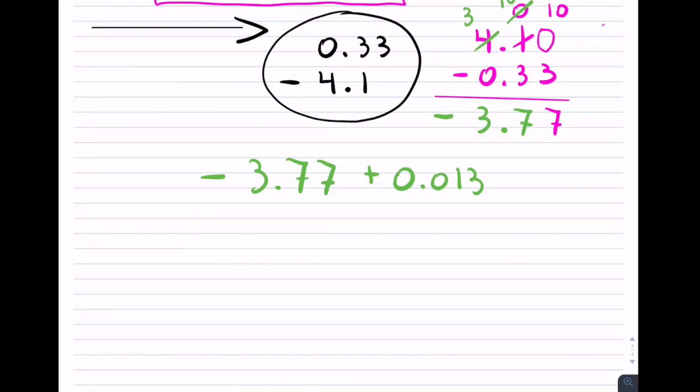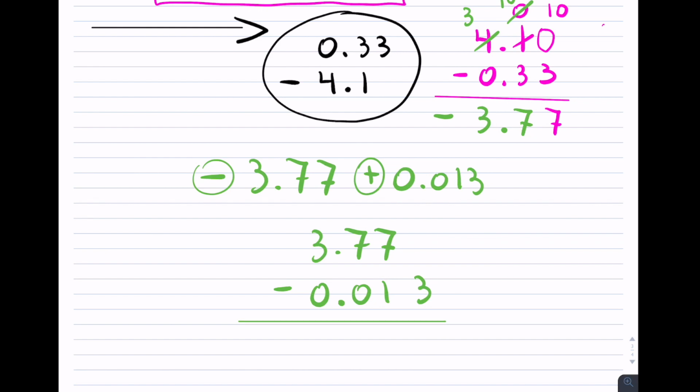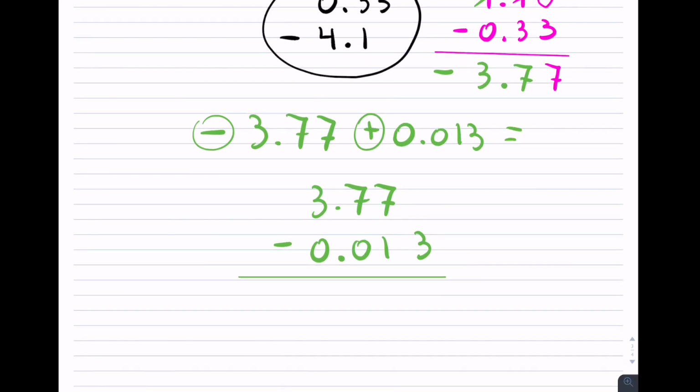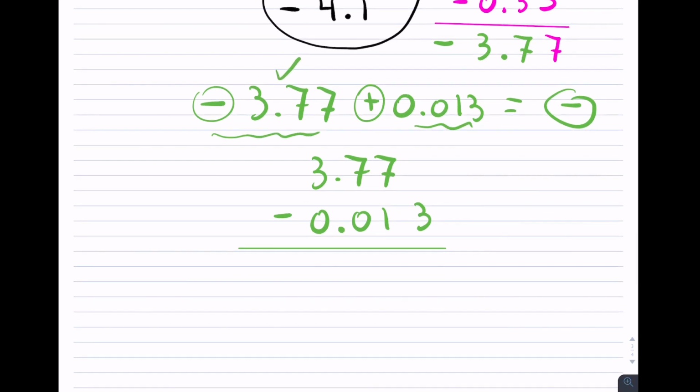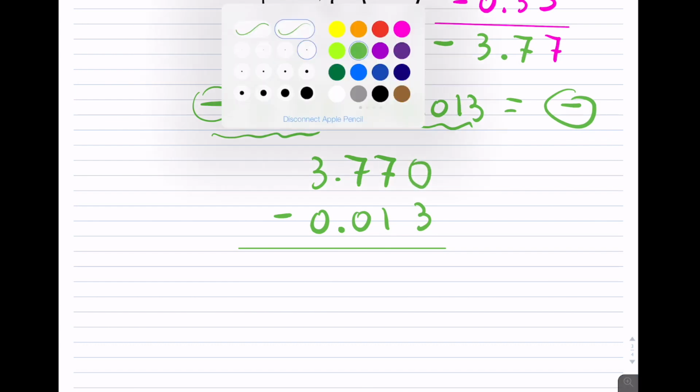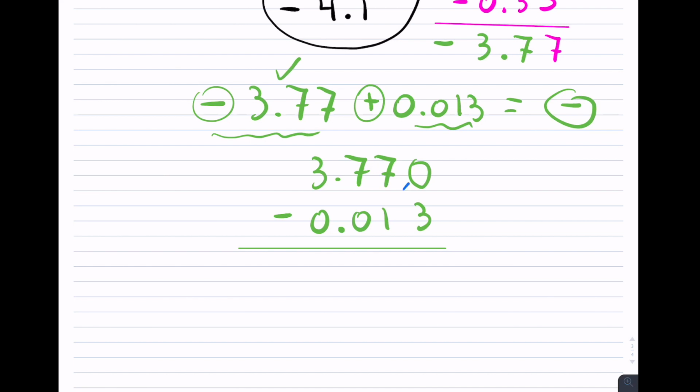And now again, I have opposite signs here. So you pick the bigger one, goes on top, minus the smaller one, which will go at the bottom. My answer will be negative, because the negative is bigger than the positive. And now again, I subtract. So once again, I cannot do 0 minus 3. This will be 6.